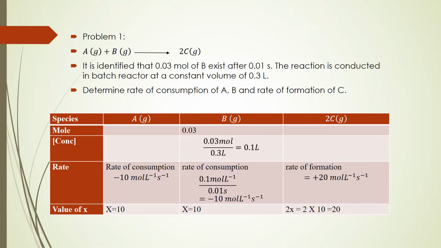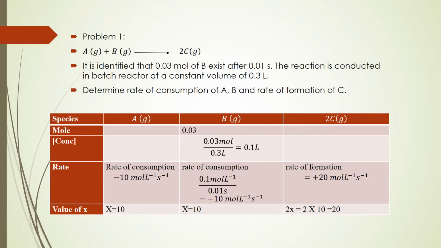It is stated that the rate of consumption of B is negative 10 mole per liter per second. How do I get that? You have to divide the concentration over time, which is 0.01.